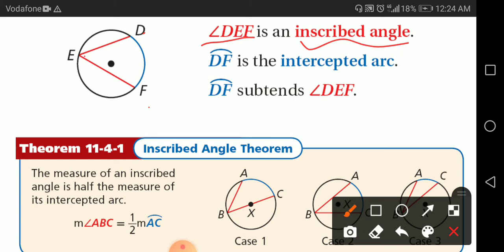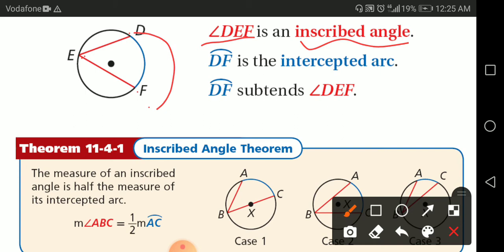In this inscribed angle, you can see two points on the circle and another point, and they intersect each other at a certain point, which is E. So this is the inscribed angle. What about DF? DF is the intercepted arc.